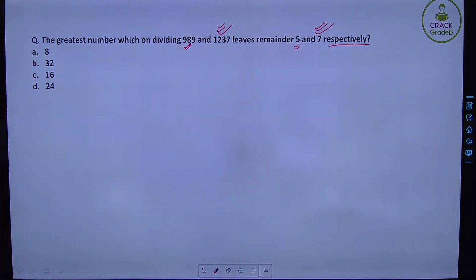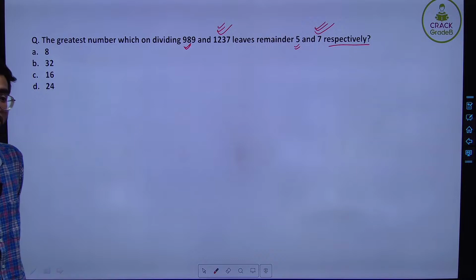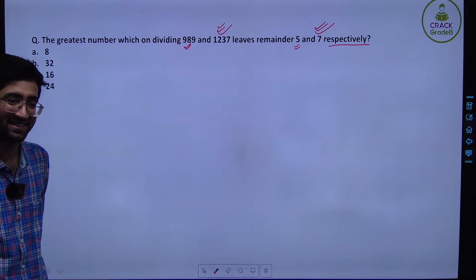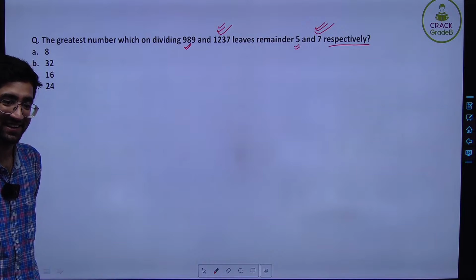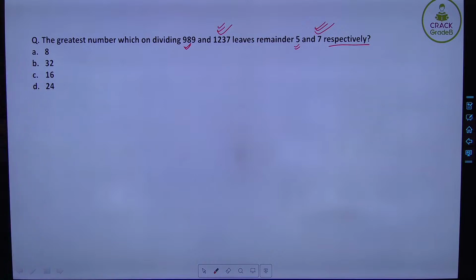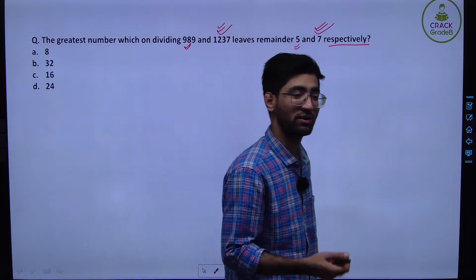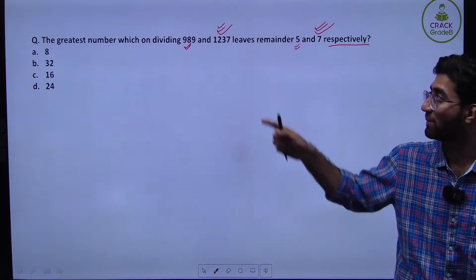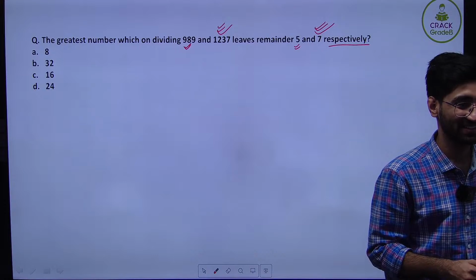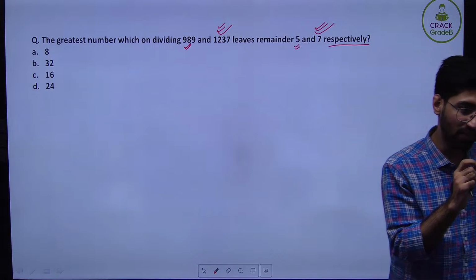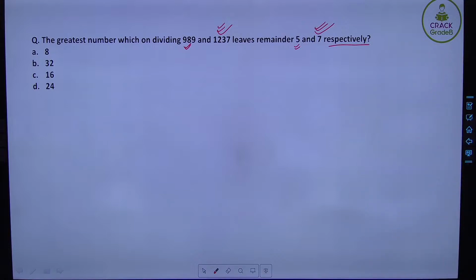Sorry, 8 is the answer. Okay. But remember, you have to find the greatest number. Did you only check about 8? No, then you will have to check other numbers also. Why? Because suppose let us assume that with 8 and 24, you get 2 answers, but you have to pick the greatest number. Right? So in this kind of questions, you will have to be slightly careful.